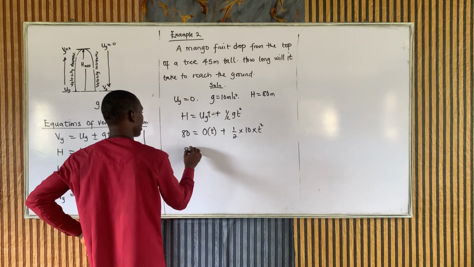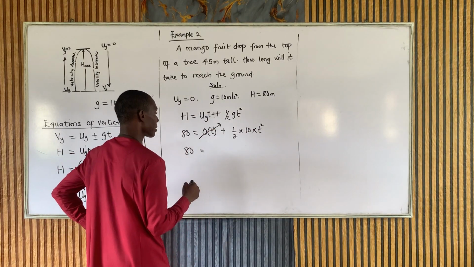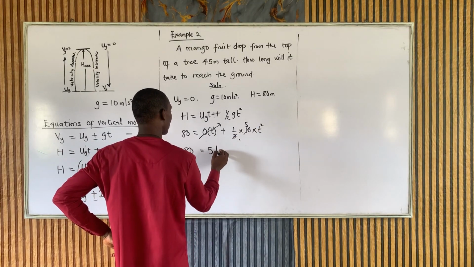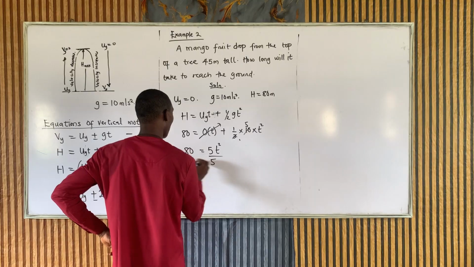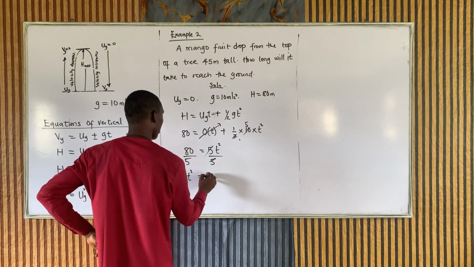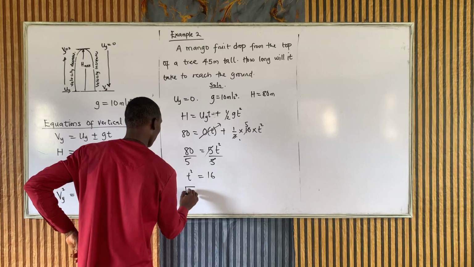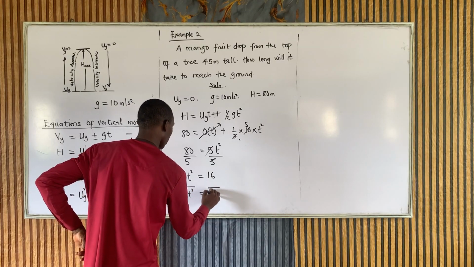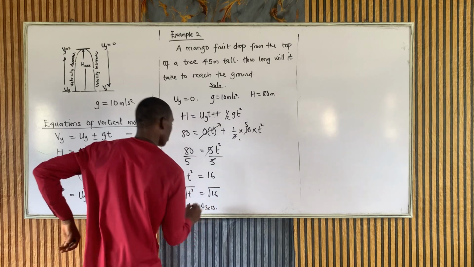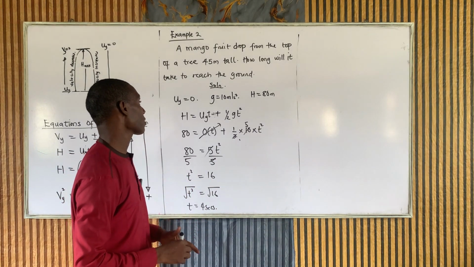So this will be 80 is equal to, this will go because 0 times t. Remaining 2 here 1, 2 here 5, 5t squared. Dividing here by 5 and dividing here by 5, we get that t squared is equal to 16. Taking square root of both sides, our t will be equal to 4 seconds. So that's that for this question.